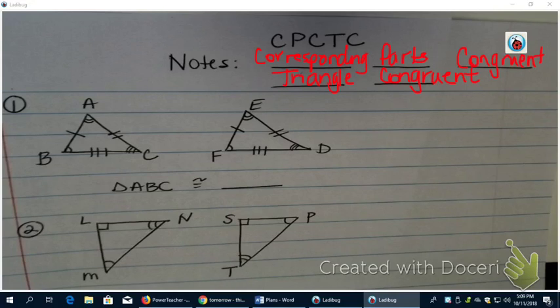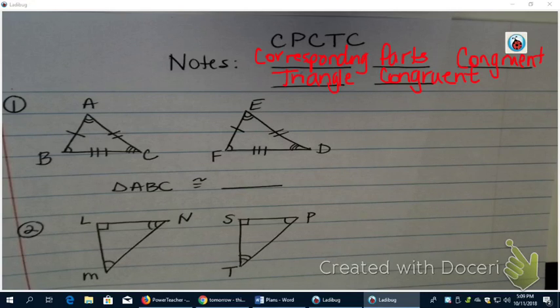Basically, all that means is if you have two triangles that are congruent, then their parts are congruent. If the triangles are congruent, the angles are congruent, the sides are congruent, all those kinds of things. So it's just an acronym that sometimes people say, but it's corresponding parts of congruent triangles are congruent.